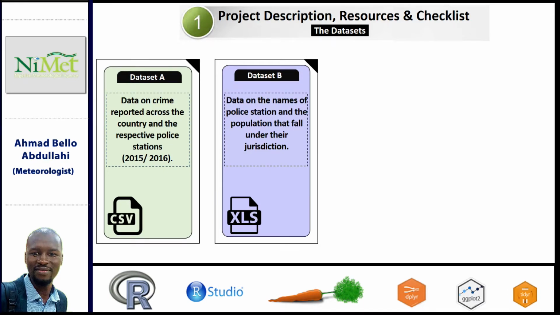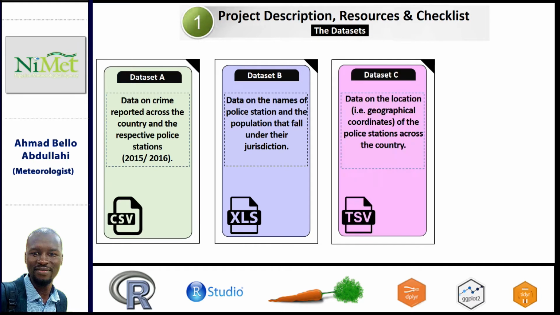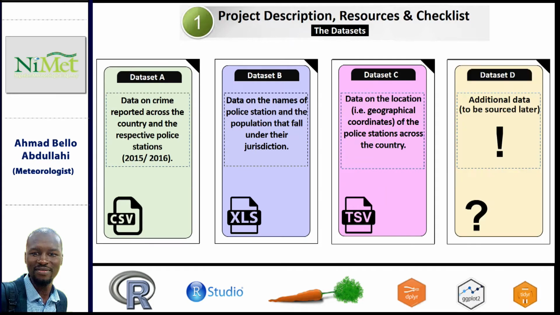Dataset B contains the name of police stations and population that fall under their jurisdiction. And dataset C contains locations, that is the geographical coordinates of the police stations across South Africa. Dataset D is an additional dataset. Later in the course of the project, we will source that.